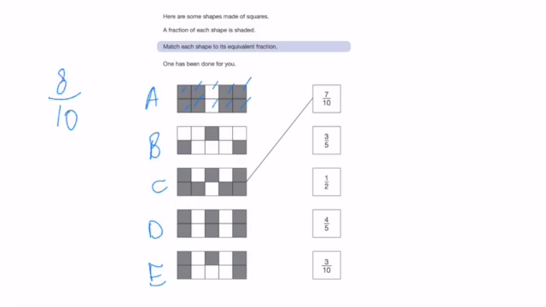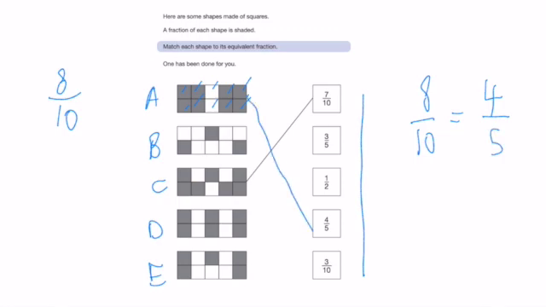Now, I'm looking down this side here, and I cannot see a fraction that is 8/10. But I definitely know that that fraction is 8/10. So I'm going to simplify this fraction. So what can I divide them both by? I can divide them both by 2. 8 divided by 2 is 4, and 10 divided by 2 is 5. 4/5. So A is 4/5.